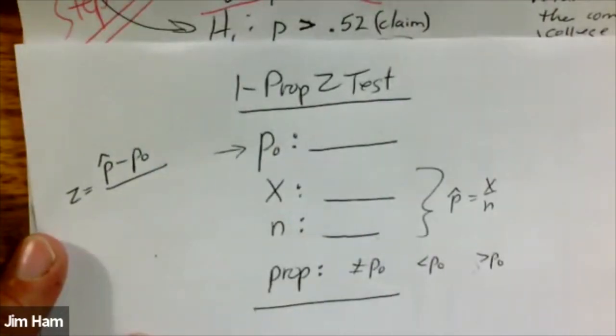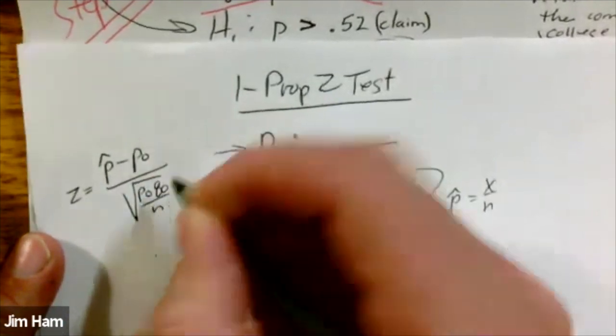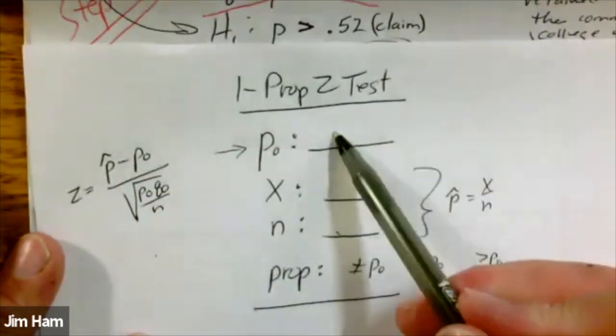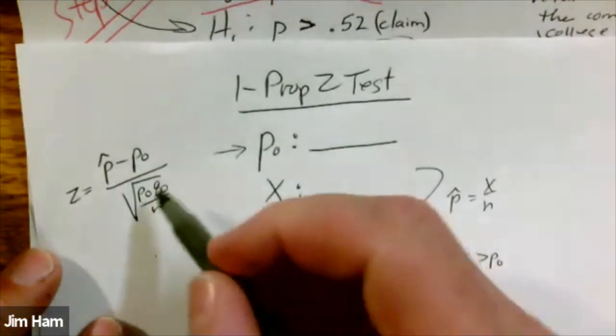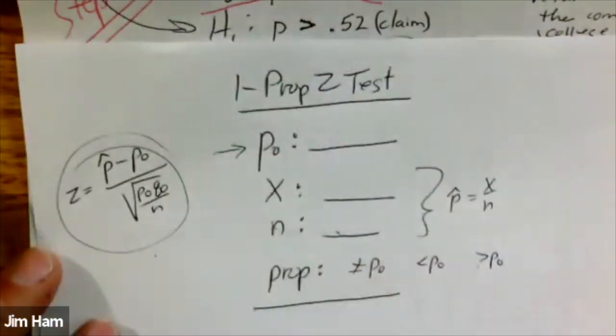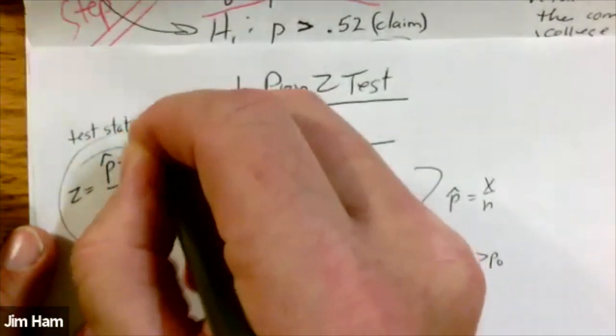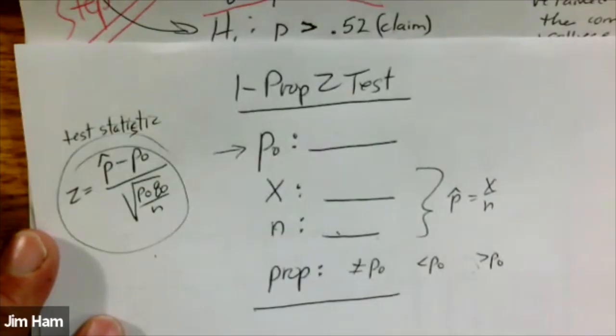Divided by the standard error term, but the standard error term involves P0, Q0, and N. You've already got N, you've already got P0, you could easily calculate Q0. So if we give just these 3 pieces of information, it'll give the calculator all the numbers that it needs to calculate the test statistic. And in fact, the output will be the test statistic, but it'll also give you the p-value.